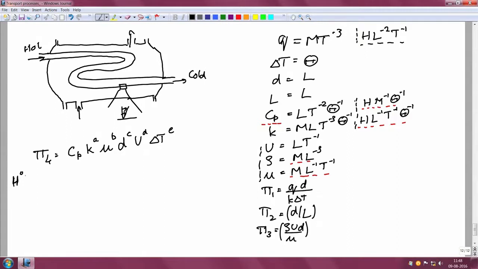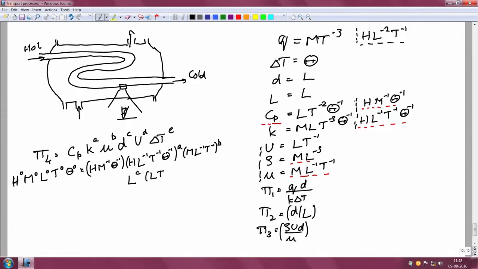H power 0, m power 0, L power 0, T power 0, theta power 0 is equal to Cp into the thermal conductivity, that is H L inverse T inverse theta inverse, whole power A, into M L inverse T inverse power B, into the length power C, length inverse time power D and theta power E. So, there are a total of 5 equations that have to be solved.